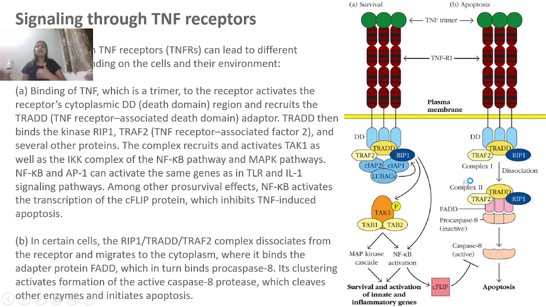So it depends on the situation at that time which pathway it should activate, whether it should go to the survival pathway or whether it should go to the apoptosis pathway. So here, this is just a signaling. No need to memorize. This just shows that depending on the situation in the cell, these cytokines or the antimicrobial peptides can act differently.